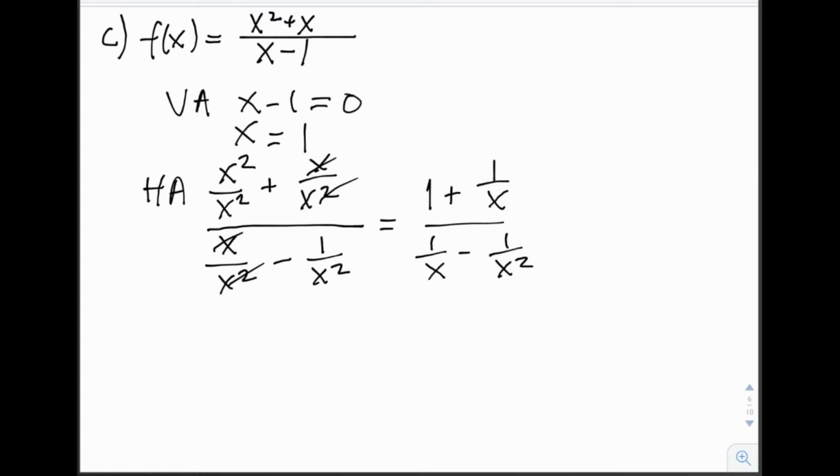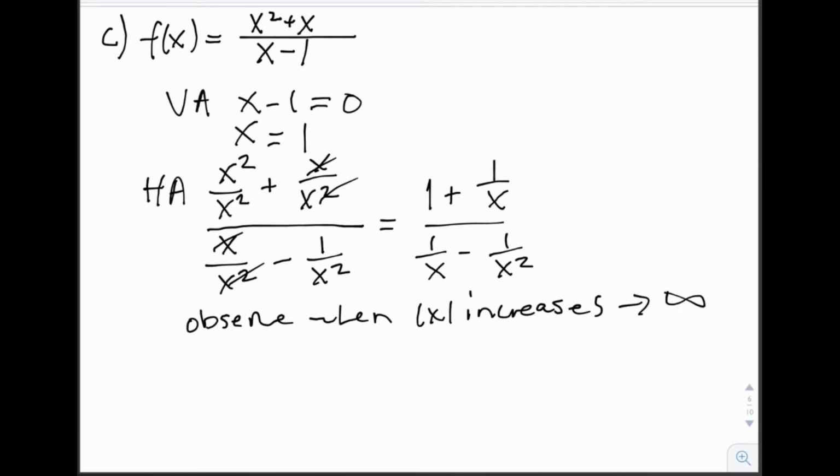So observe when, we'll say, absolute value of x increases, or in other words, as we go to infinity. So let's see what happens.